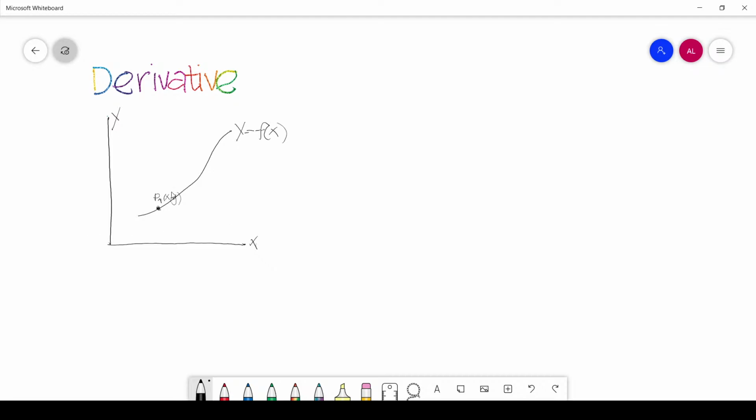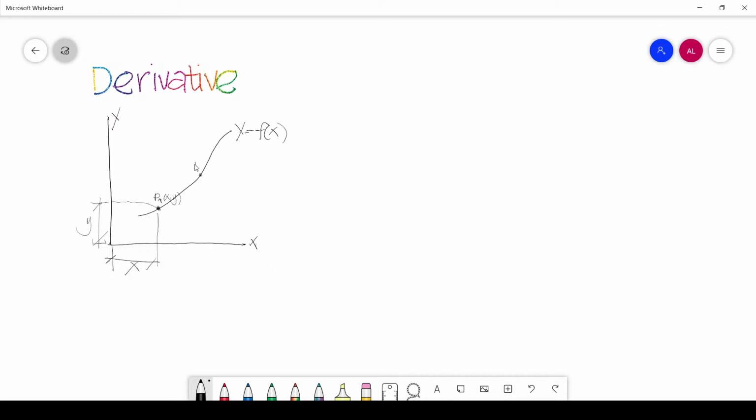Okay, so this is the y-axis. Again, this is the x-axis. This is the function y equals f of x. In a function, of course, a function is composed of different points. So assuming this is our point 1, x, y, this is the distance x and the distance y. Then we have our point 2.